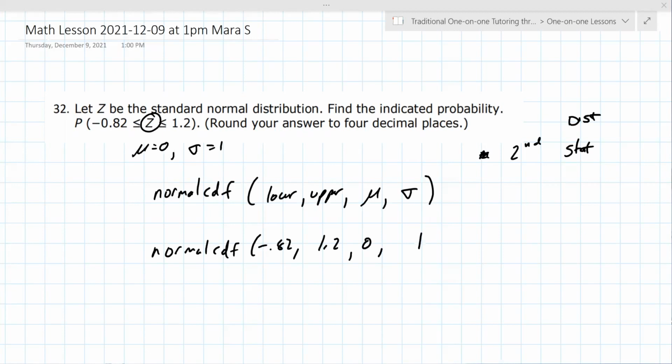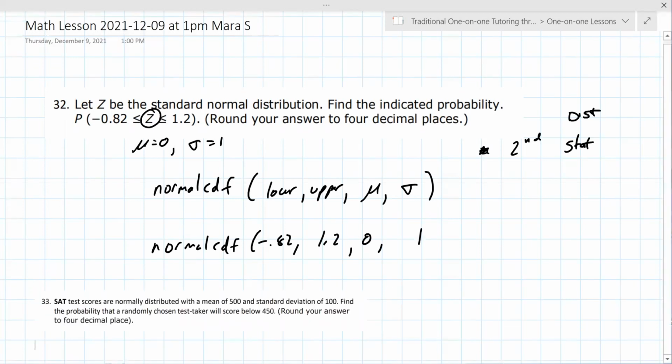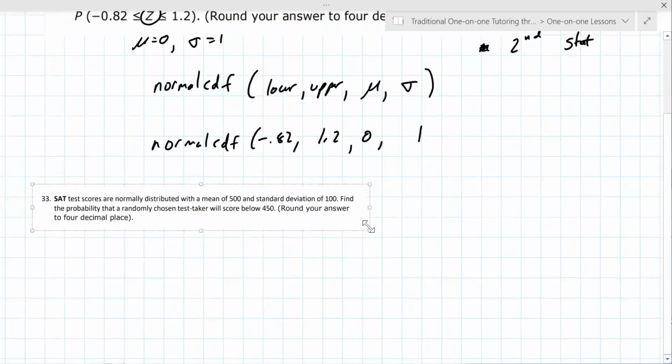On 33, it's asking below. So you have to know what to put in the lower position. And that may not be clear. We've talked about it, but it's kind of ambiguous.